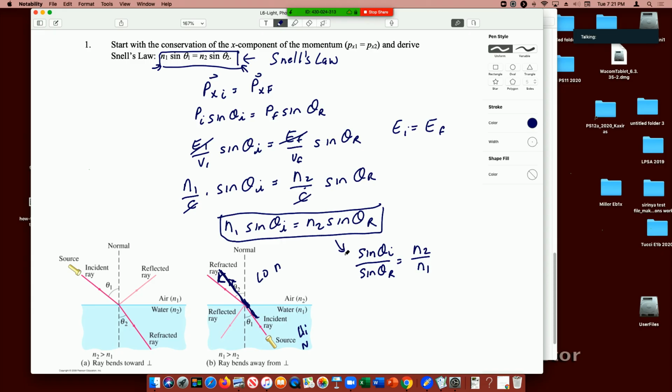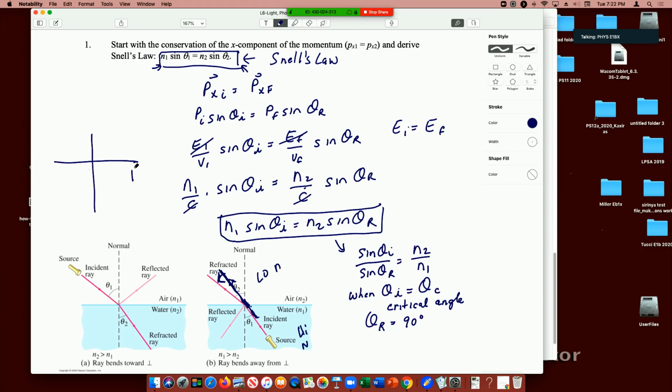Okay, so when the incident angle equals what we call the critical angle, the refracted angle is at 90 degrees. It's like the light is traveling along the surface.